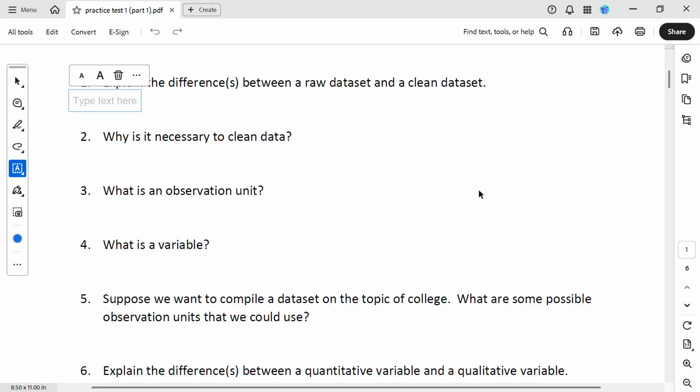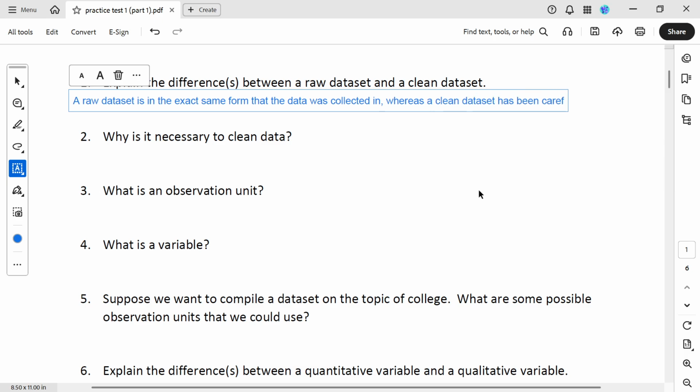Okay, so basically a raw dataset is in the exact same form that the data was collected in, whereas a clean dataset has been carefully edited to standardize all the entries.